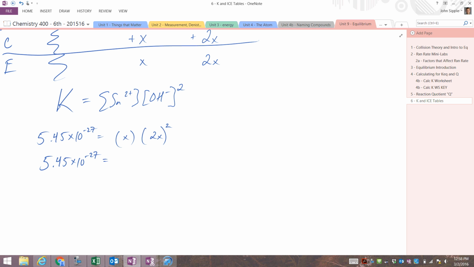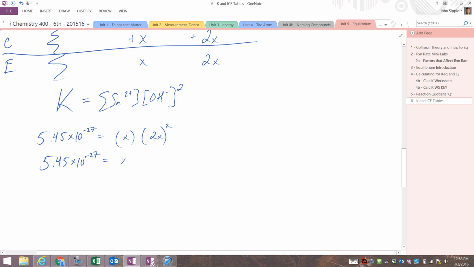Because the expression here is telling us the amount of OH in solution is 2x. The concentration of OH would be 2x, and that's what's going to go here. And that value gets squared in our equilibrium expression. Okay, that's a good question, that's a common question. So yeah, we're plugging those in because that's our concentration of OH, and then we have to square that for our equilibrium expression.